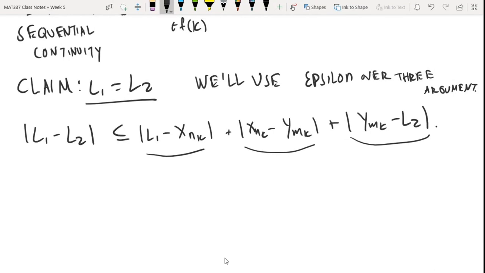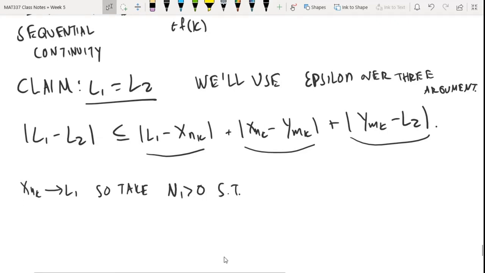So first guy, we have x_nk goes to L1. So take N1 large enough such that |x_nk minus L1| is less than epsilon over 2 for all nk bigger than N1.